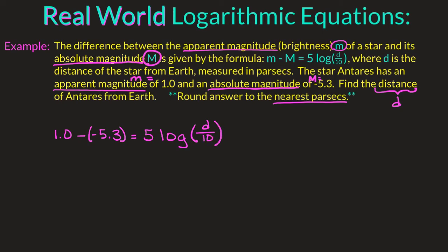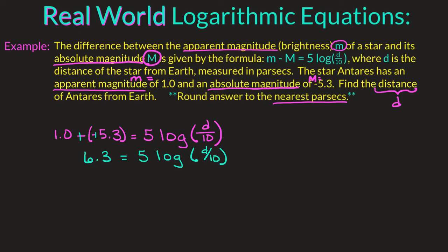So if we take a look at this, we're going to simplify where we can. It looks like on the left side we can do a little bit of simplifying. So we have 1 minus a negative 5.3, which is actually 1 plus 5.3, which gives us 6.3, because a minus a negative is a plus, equals 5 times the log of d divided by 10.